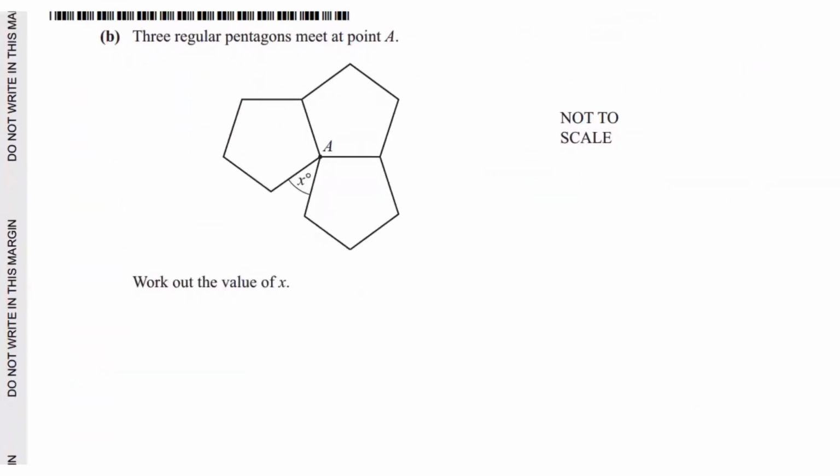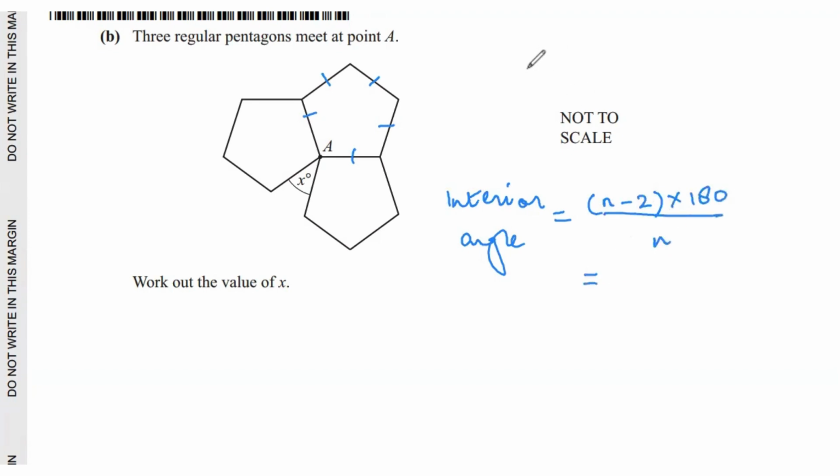Then part B says 3 regular pentagons meet at point A. Work out the value of x. So a pentagon has 1, 2, 3, 4, 5 sides. To find the interior angle of a pentagon, we will do n minus 2 times 180 over n. Now n in this case is 5. So 5 minus 2 times 180 over 5.